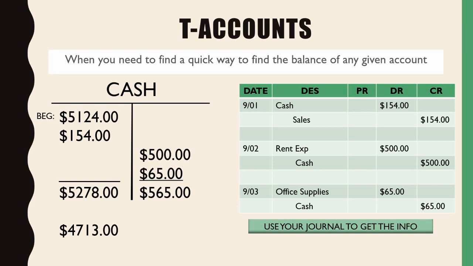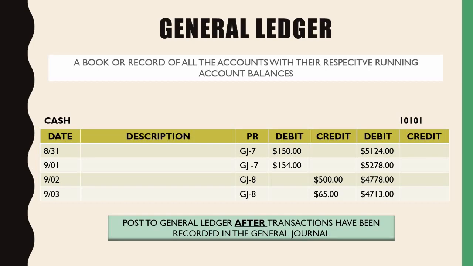So as far as that, in case you are wondering what my account balance is, well, in this case, we have what's called a general ledger. All right, so instead of having to do that quick math on the side of your journal, you have what's called the general ledger. The general ledger is another set of books that allows you to have account balances in every single account that's in your chart of accounts.